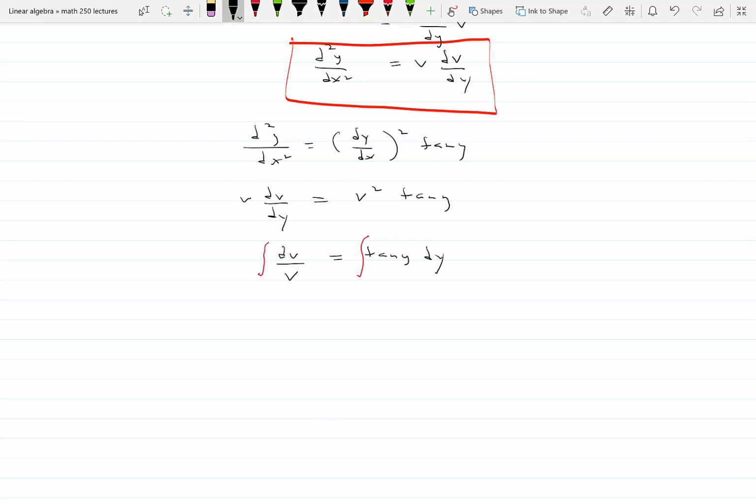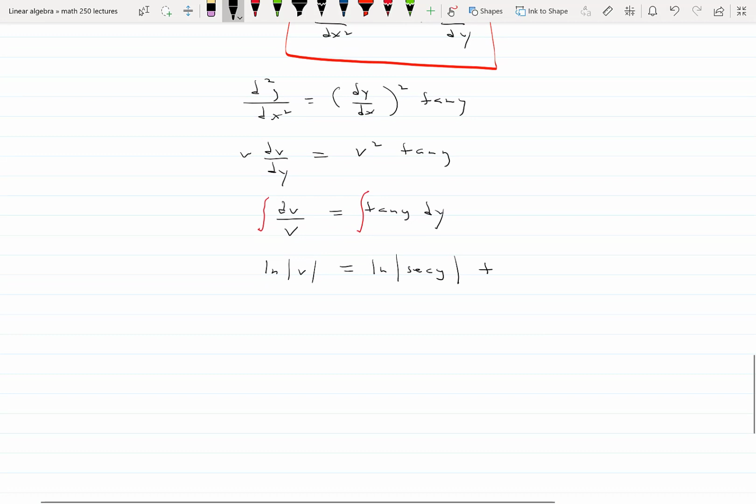Very simple integrals on either side. The natural log of the absolute value of v. Calc 2 integral of tangent is log of secant. Plus C1. Let's just say C.